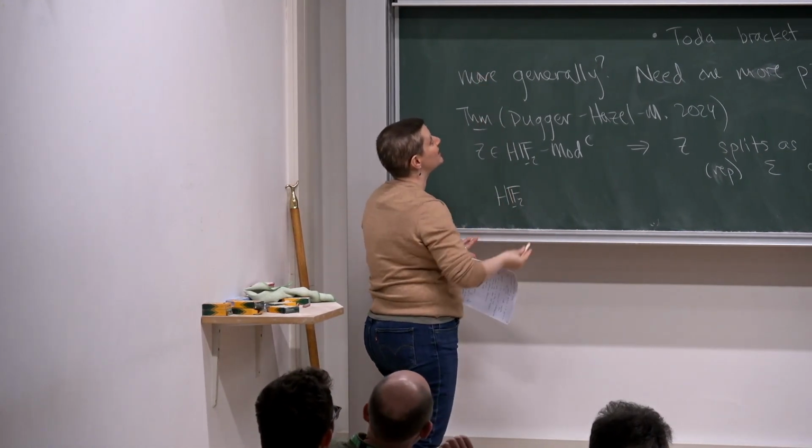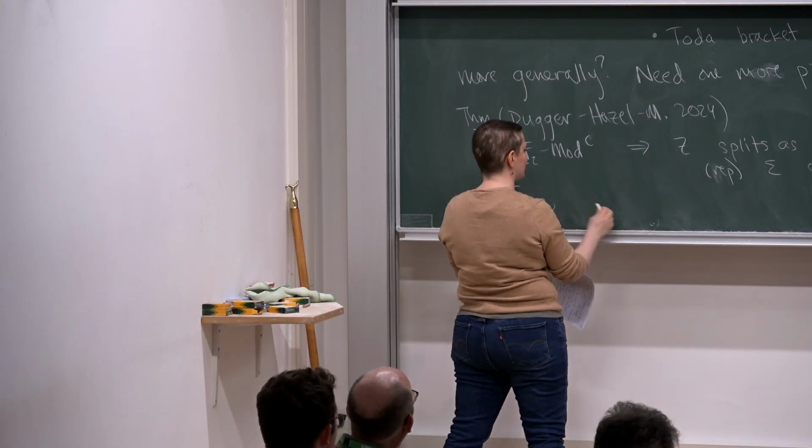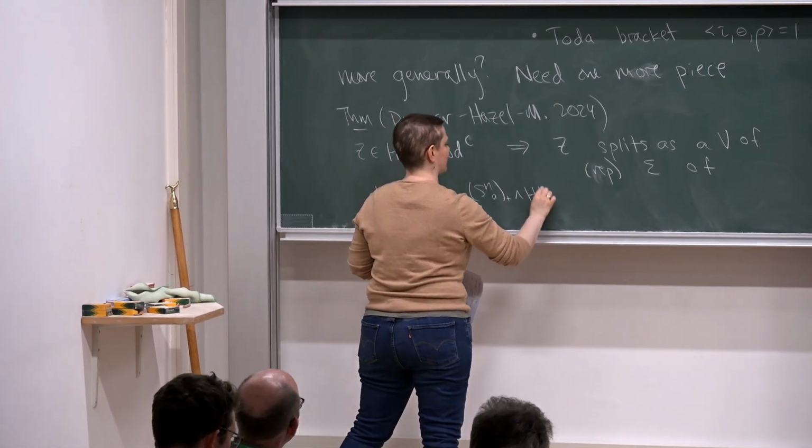I said a C2 CW spectrum smashed with it would give you this same sort of thing. So you need that. You, of course, need the antipodal spheres smashed with it.